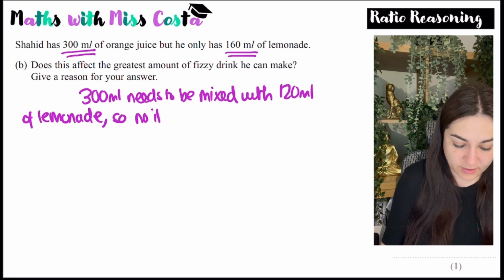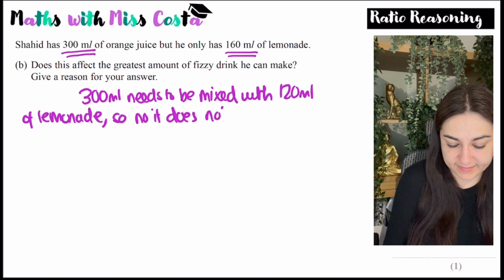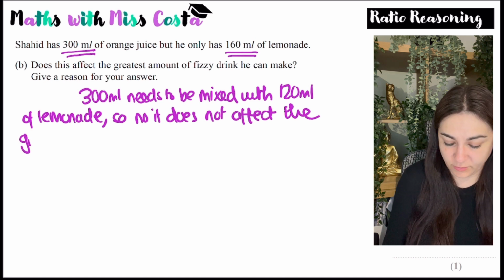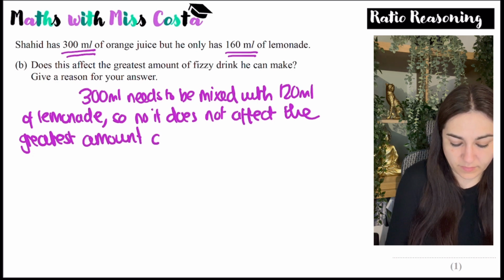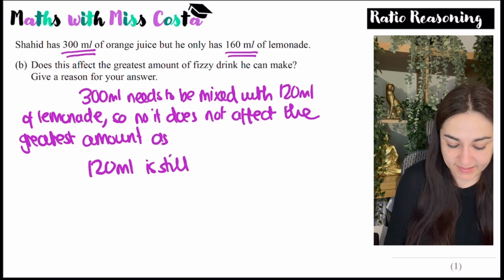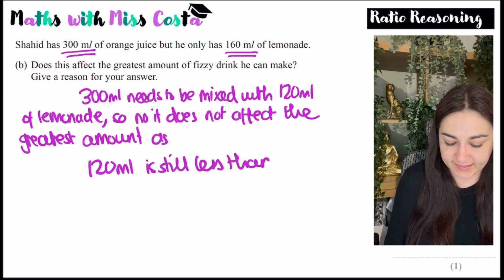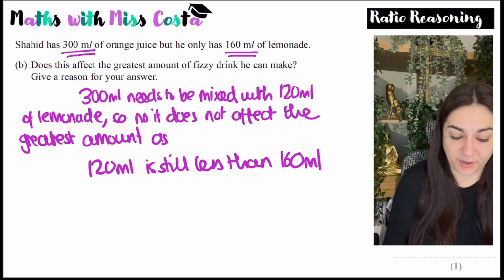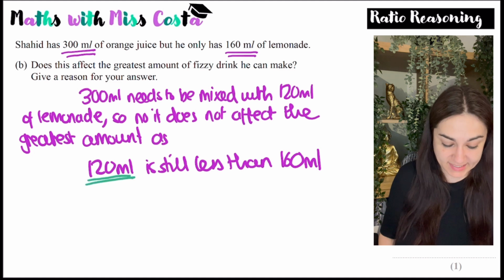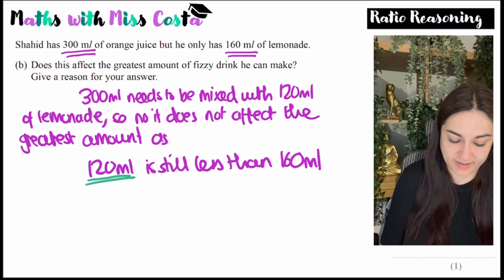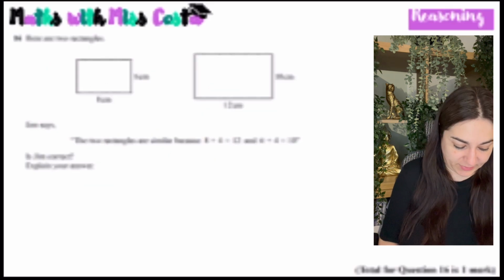So no, it does not affect the greatest amount, as 120 millilitres is still less than 160 millilitres. So even though he has less lemonade than he thought, he doesn't need that lemonade, he only needs 120. So that's the reasoning for that.